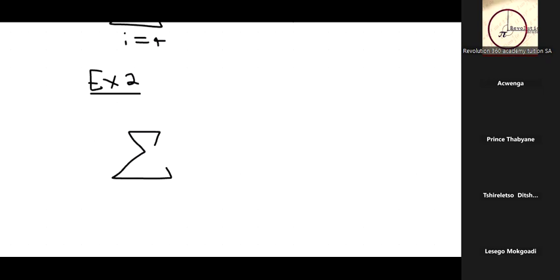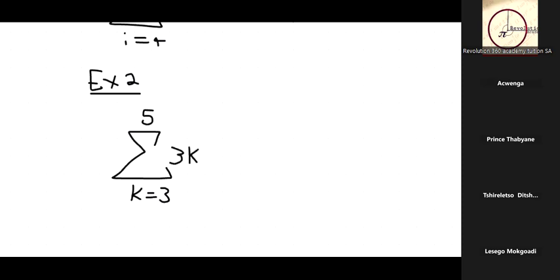So on top of the sigma in example number 2, we are given 5, and at the bottom of the sigma, we are given k equals 3. And here, we are given 3k. The question will always be evaluate.